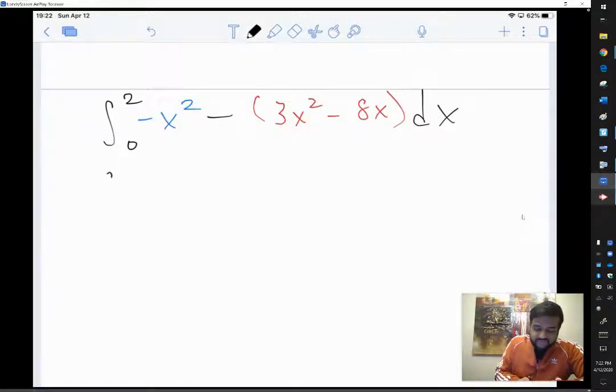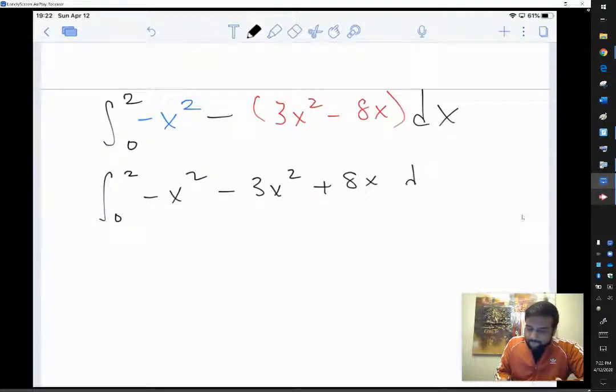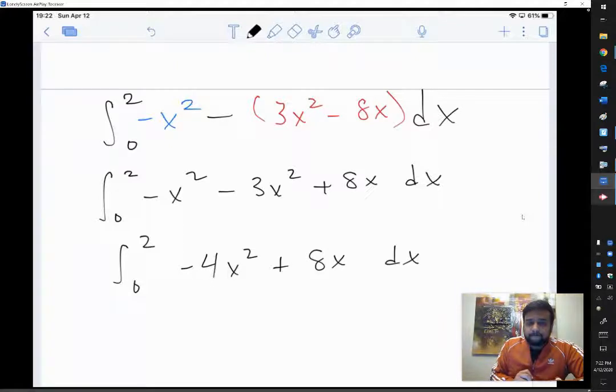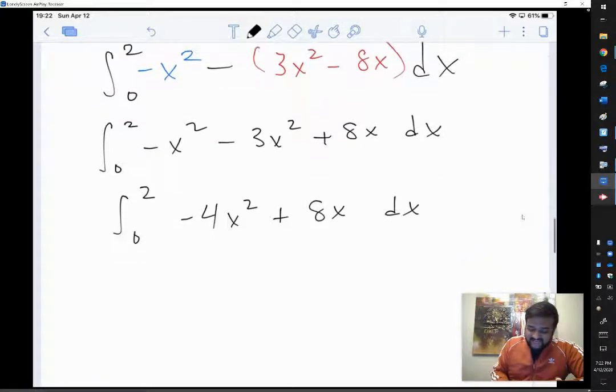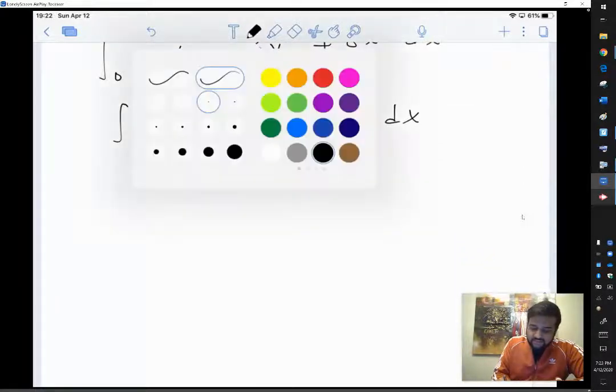So let's solve this thing by hand. I'm going to go ahead and distribute this negative. And it looks like I can simplify this before I take the antiderivative. Negative 4. Okay. Let's go ahead and take the antiderivative of this.